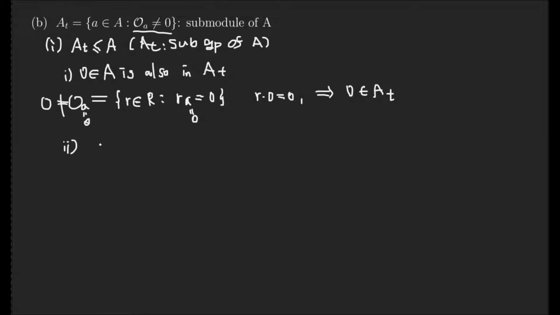Another claim is here. If a is an element in AT, there exists a unique element, because this is the additive subgroup, such that a plus a inverse is equal to 0.